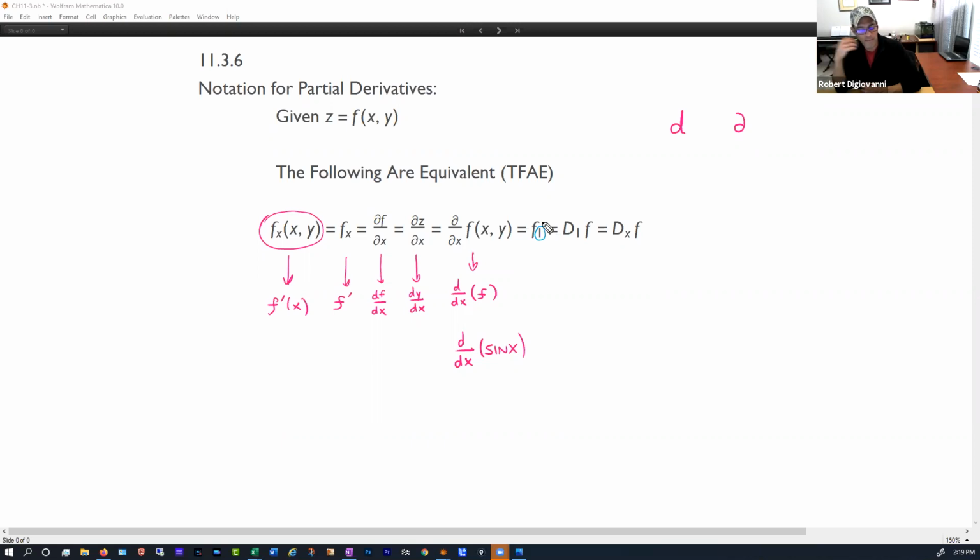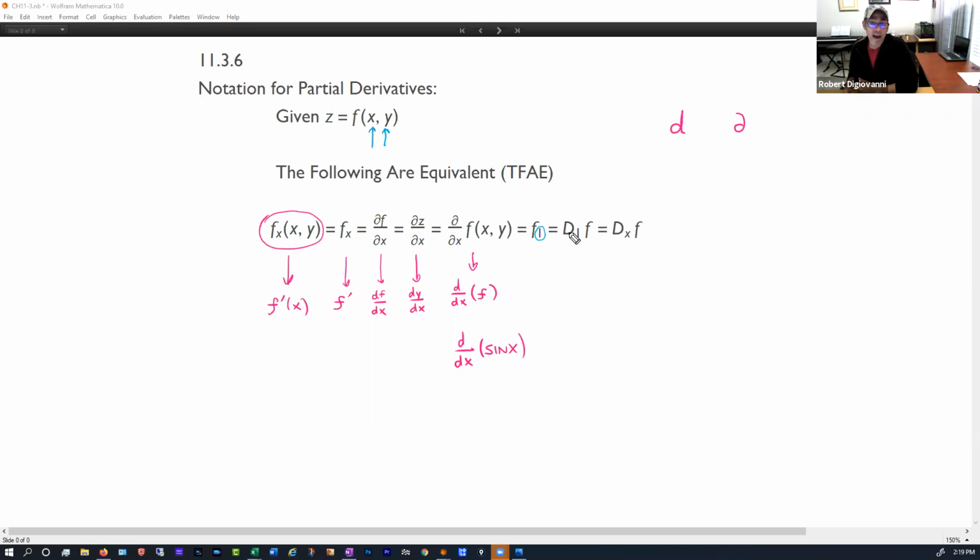Why do you think? It's the first variable in the set. Exactly. In the ordered pair that we have here, we have x and then we have y, right? So the inputs to this function are x and then y. And so since x is the first variable, we are taking the partial derivative with respect to the first variable. So in this case, x.